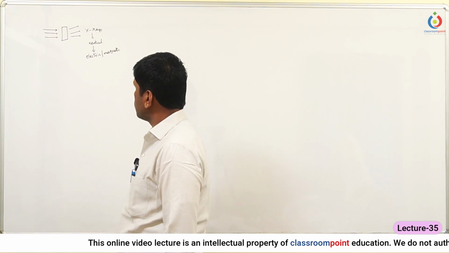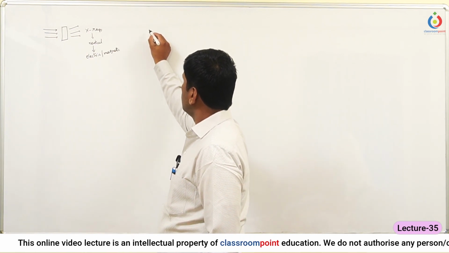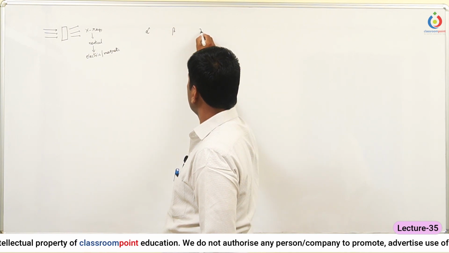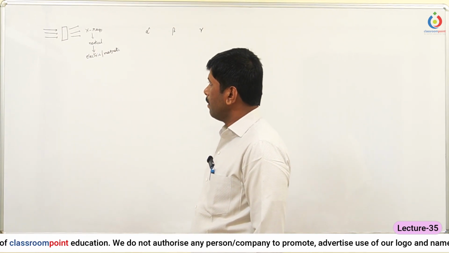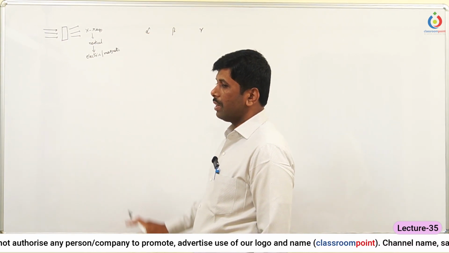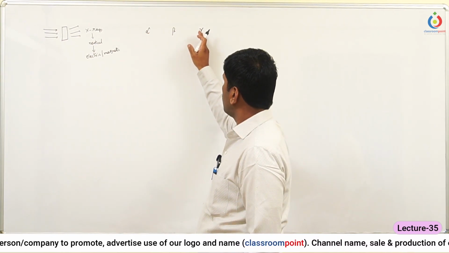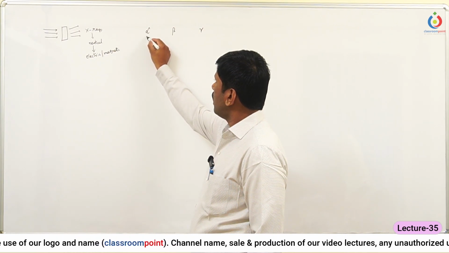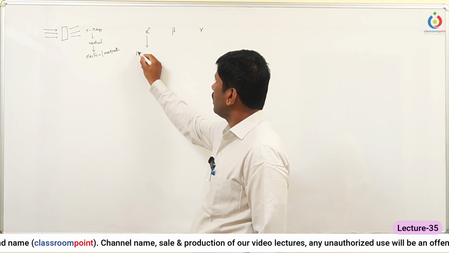So apart from these X-rays, let us discuss some other particles. These are alpha particles, beta particles and gamma rays. Among these three, only alpha and beta have particle nature, and gamma does not have particle nature. We know that alpha particles are helium nuclei.